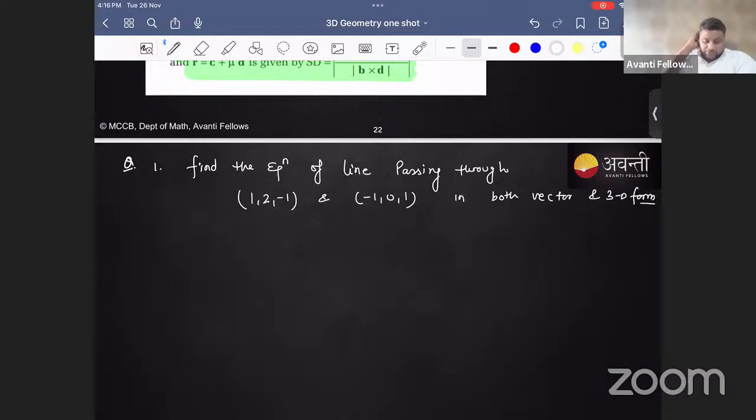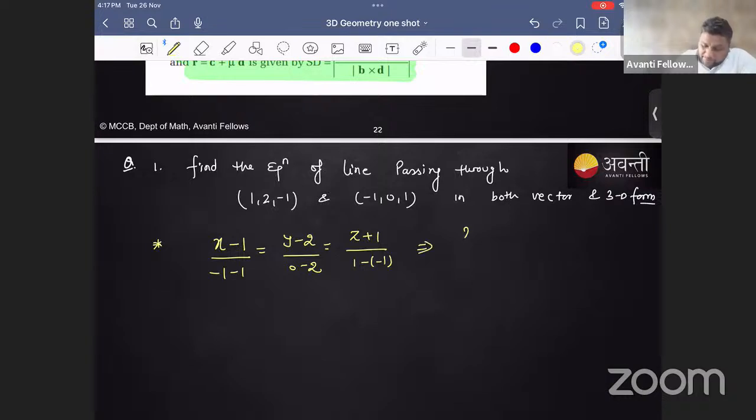Got it? So the equation of the line in 3D form will be, in the numerators, let's write x minus 1, y minus 2, z plus 1, over minus 1 minus 1, 0 minus 2, over 1 minus of minus 1. So this line is going to be (x minus 1) upon minus 2 equals (y minus 2) upon minus 2 equals (z plus 1) upon 2. Got it?